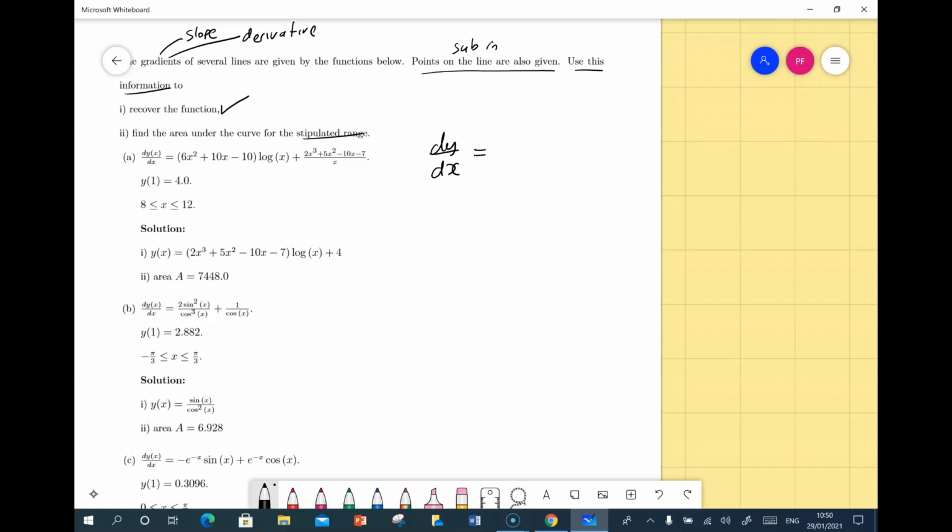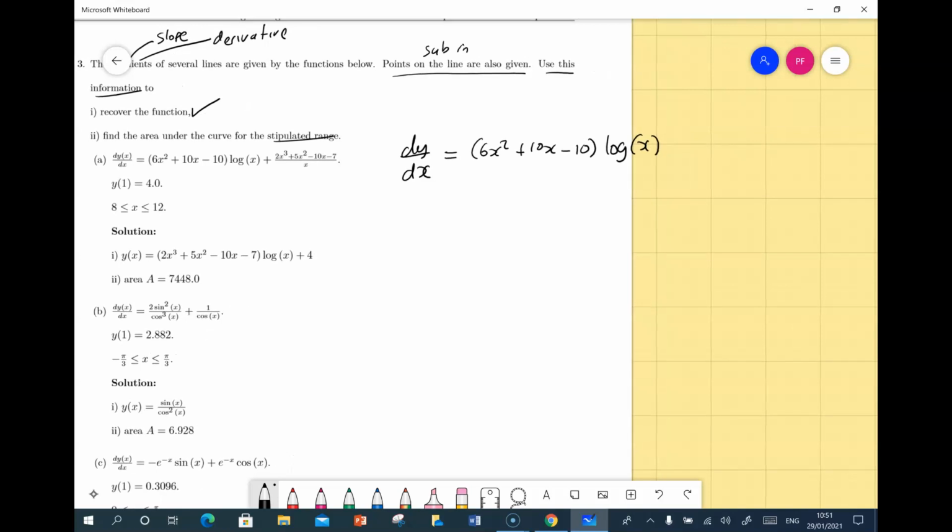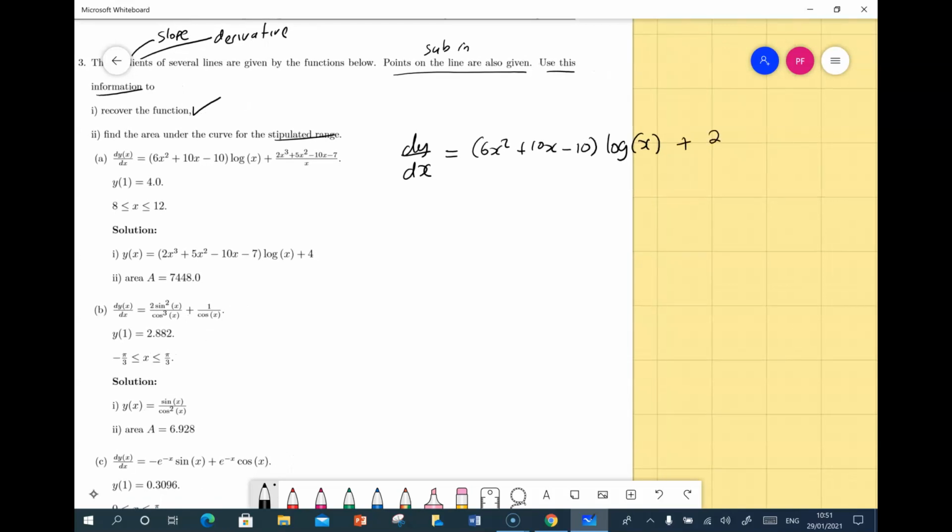So dy/dx is equal to (6x squared plus 10x minus 10) times the natural log of x, plus (2x cubed plus 5x squared minus 10x minus 7) all over x.